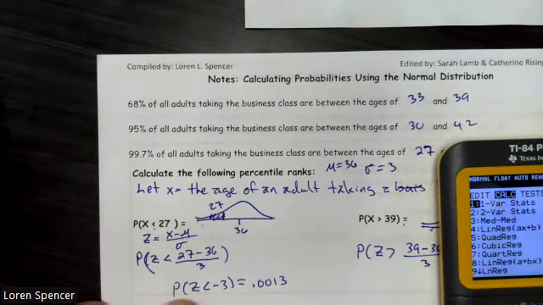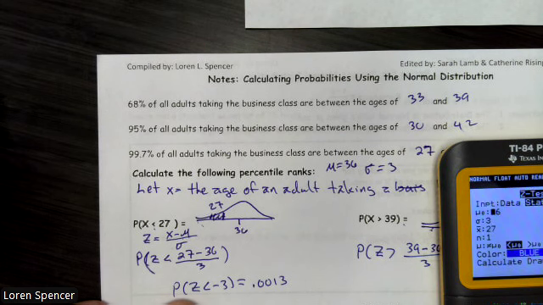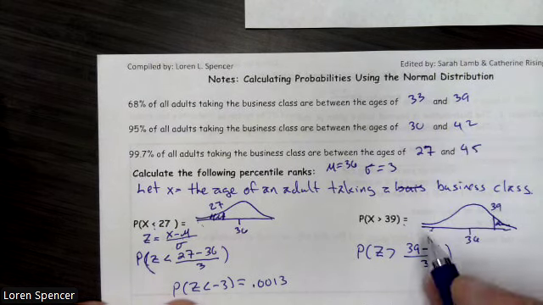So stat, test, z-test, which is the first one. Mean of 36, standard deviation of 3, x is 39. We have a value of 1. Make sure we're shading up. And we get 0.15865.